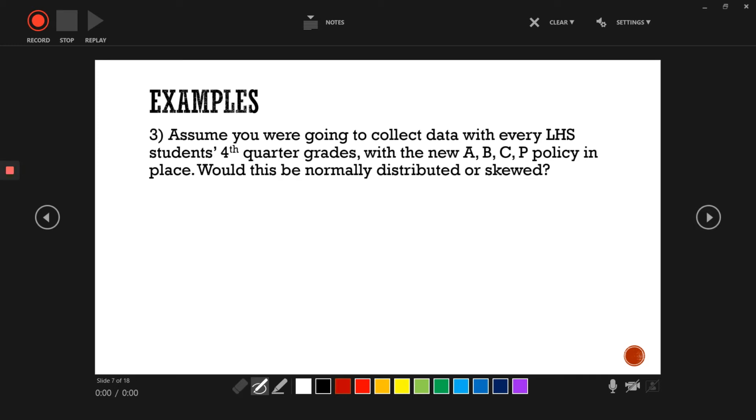So assume you are going to collect data with every Lehigh High Schooler's fourth quarter grades with the new A, B, C, or PASS policy in place. Would this be normally distributed or skewed, right? So traditionally in school systems, they actually used to force the data to be normally distributed, grading on the curve. When you have heard that, that's where this comes from.